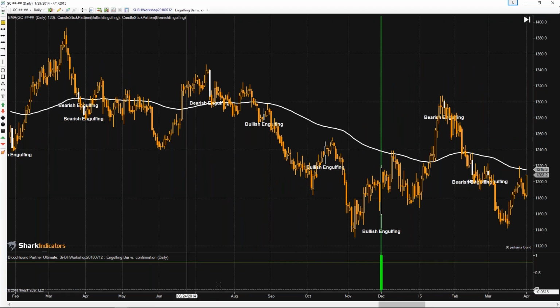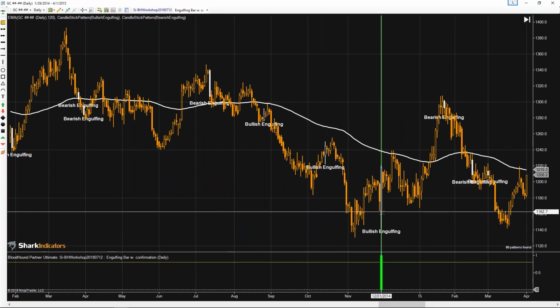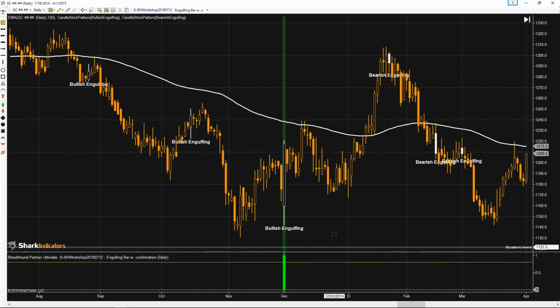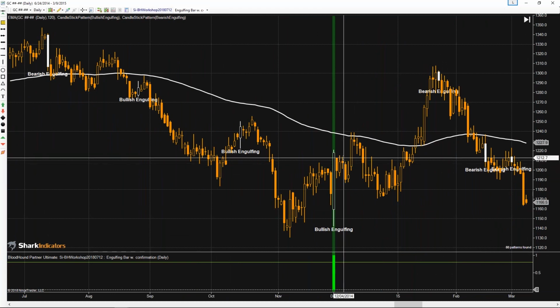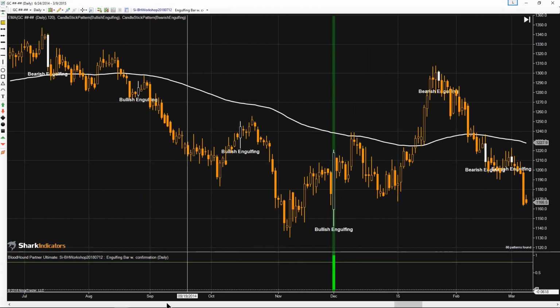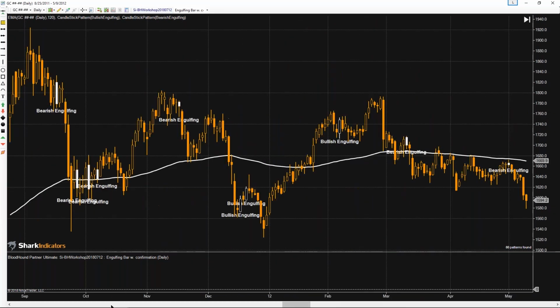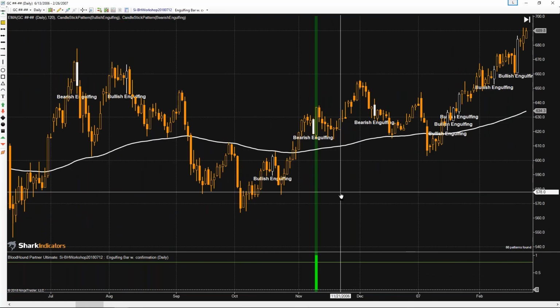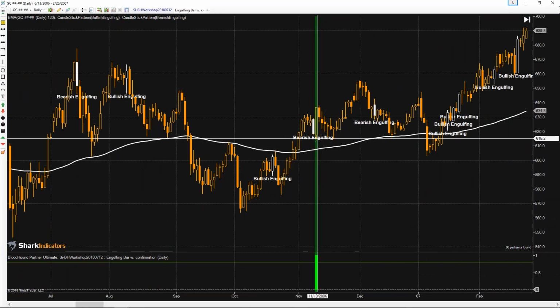All right. Yeah, this one is definitely a huge bullish engulfing bar there. And we definitely have another one there.